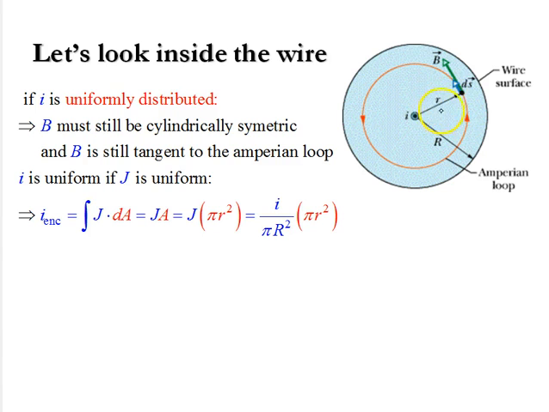So that's pi little r squared. But what is J? J is equal to I over A, or dI over dA, or all of I divided by A, the area of the entire wire, right?